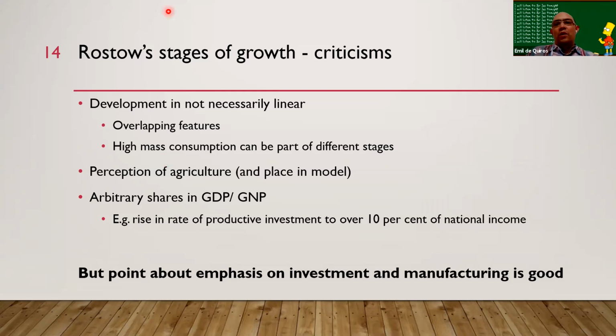And another criticism of Rostow was, people were saying, where did Rostow come up with the 10% this, 10% that? It's arbitrary. He's saying, rise in the rate of productive investment over 10% of income, GDP. That's kind of arbitrary. And he didn't have any kind of empirical computation to back that up.